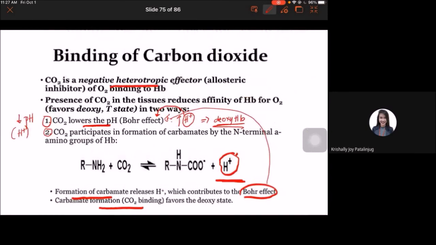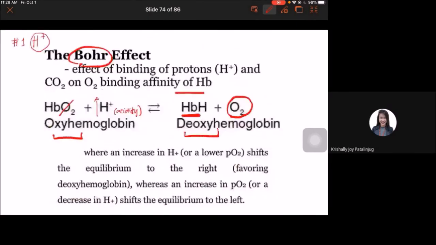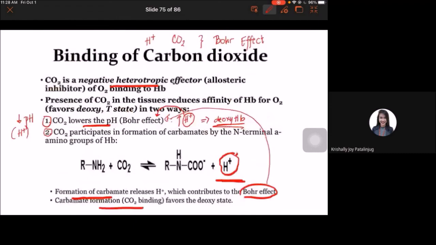Okay? So, in general, we can say then na kapag may carbon dioxide binding, and also presence of proton, all these are collectively known as Bohr effect. Okay? Kaya 'di ba sa previous slide nakasulat binding of proton and carbon dioxide leads to less binding affinity of hemoglobin. Okay?